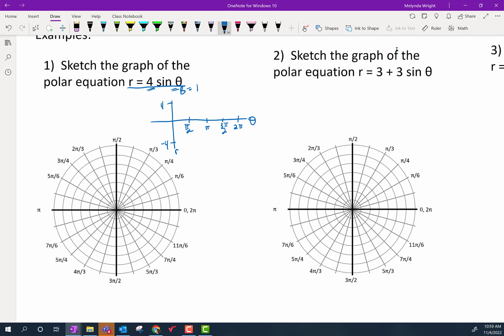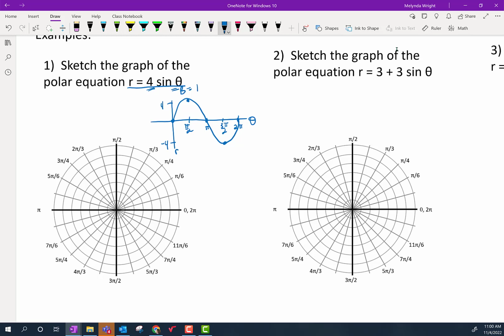Just our normal, regular, standard period. Sine starts at the sinusoidal axis, so it's going to start here. Then it goes up, then down, goes like this. Okay, and this is where I'm going to pull my points off of.